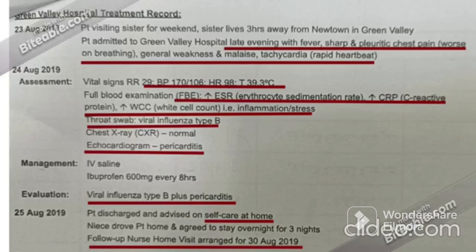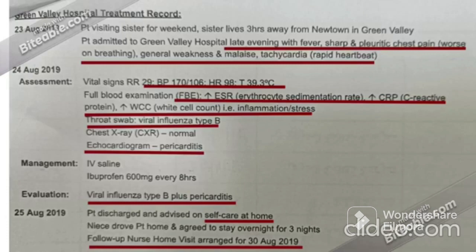On the next day, on assessment, they could see that BP was 170 over 106, heart rate 98, temperature 39.3 degrees centigrade. They did the full blood examination, in which you can see increased ESR, increased CRP, increased WCC, and in the throat swab, viral influenza type B has been confirmed.